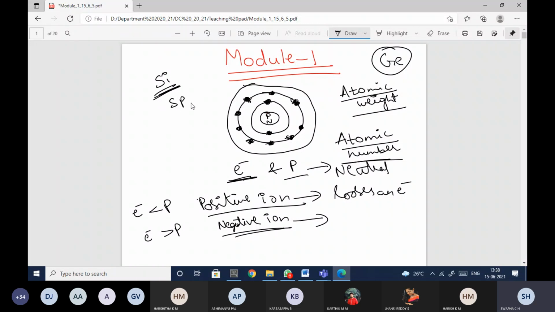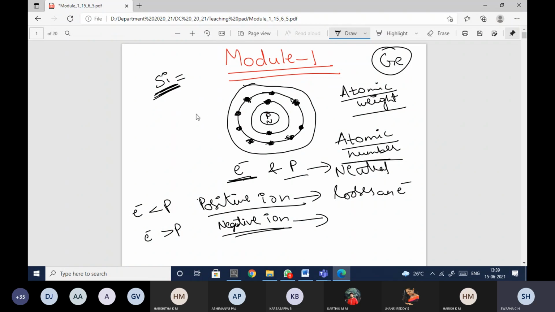Based on that, KLMN are the levels and SPDF are the subshells. So here you need to represent how the electrons in the Si atom are placed.